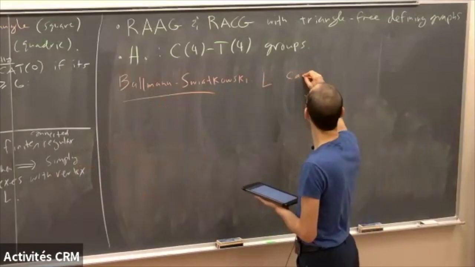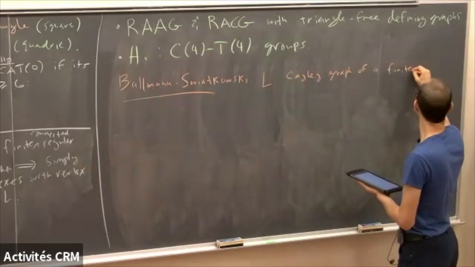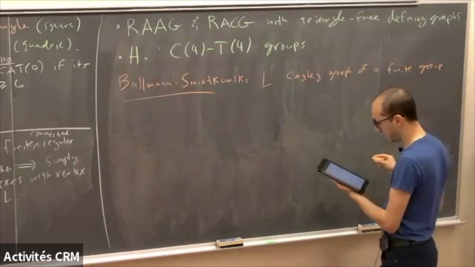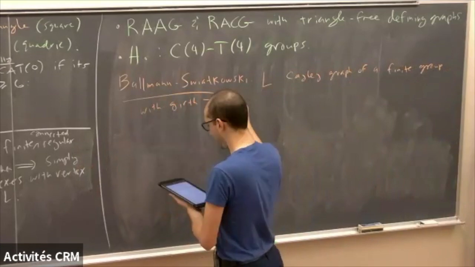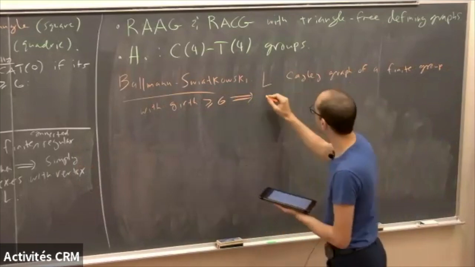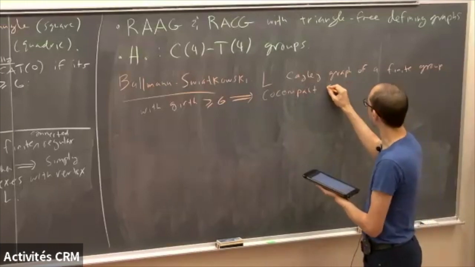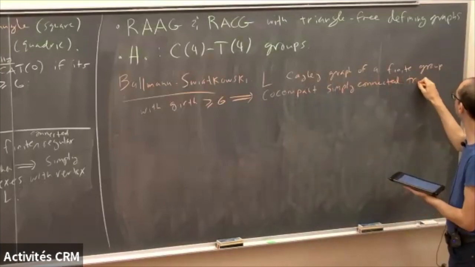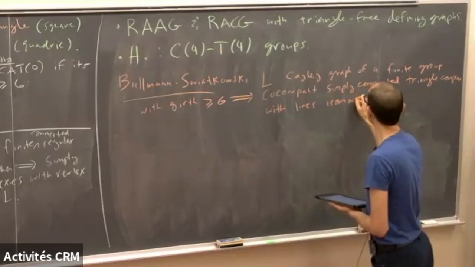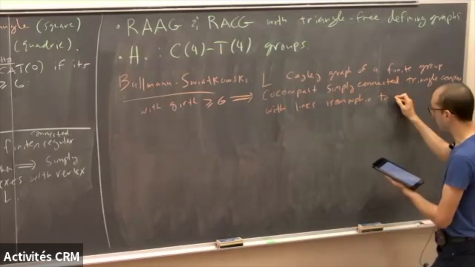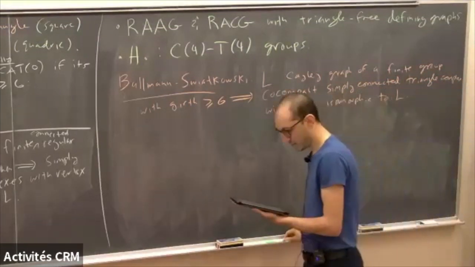If L is a Cayley graph of a finite group of girth at least 6, they are able to obtain a co-compact simply connected triangle complex with links isomorphic to L. Okay, so that actually gives groups.